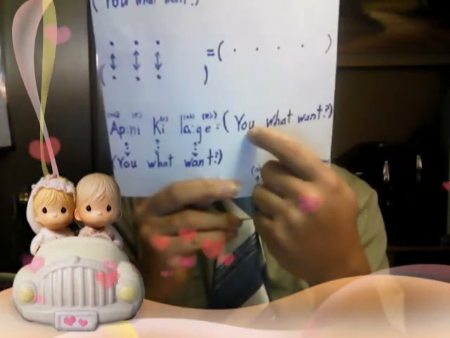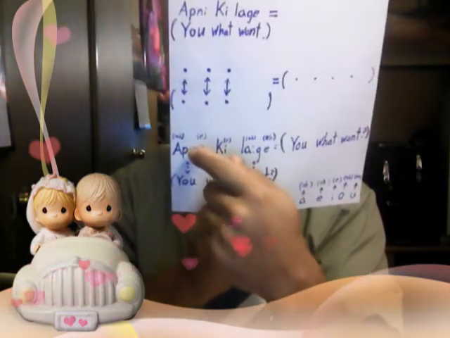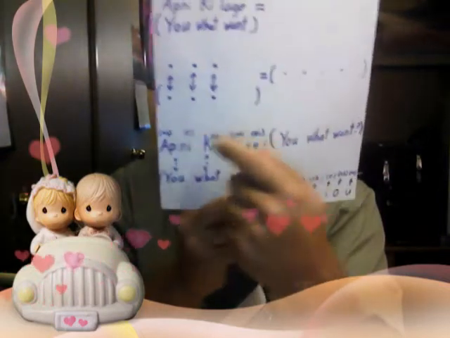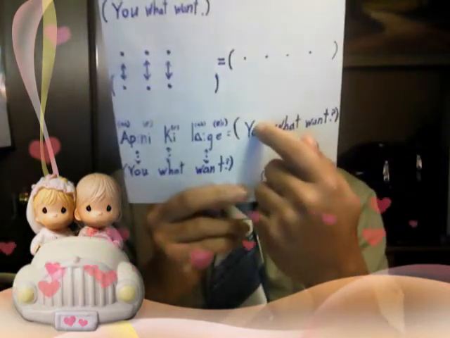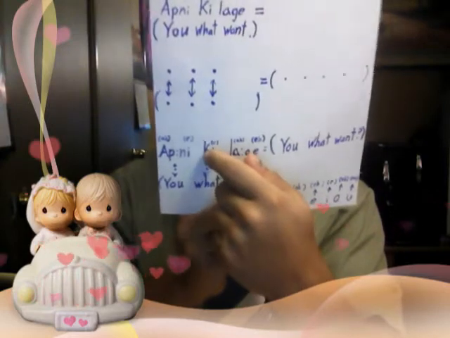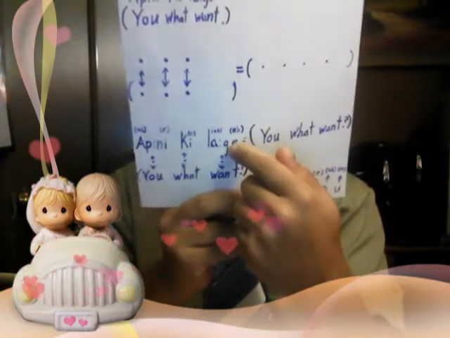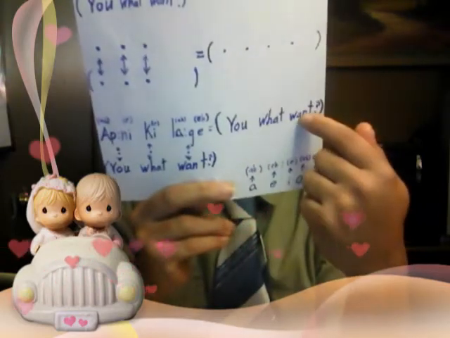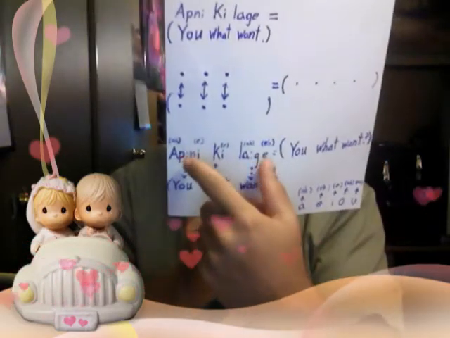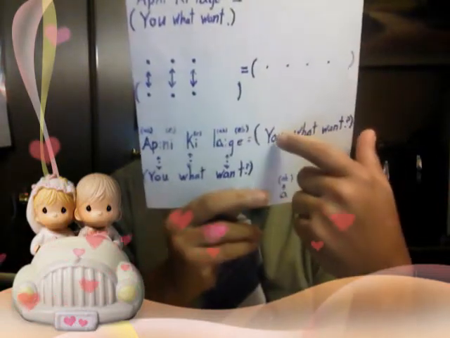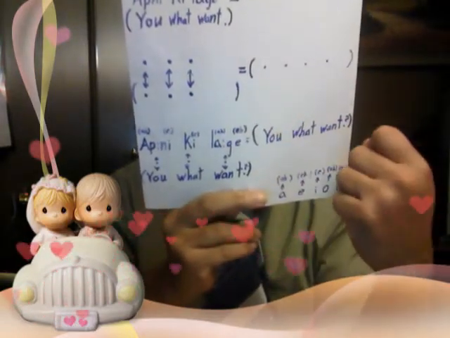So what is the English meaning for "apni"? The English meaning for "apni" is "you". The English meaning for "ki" is "what". The English meaning for "laje" is "want". So you know the English meaning of this whole sentence, so that you can see what you're saying.